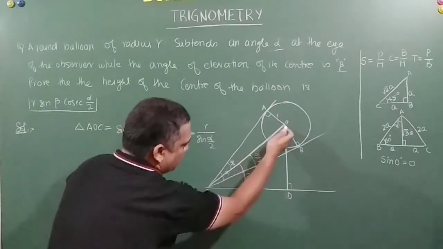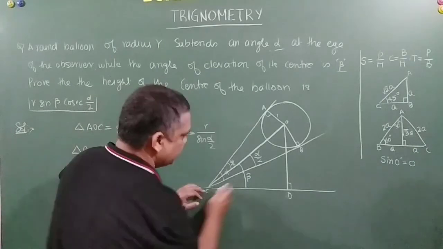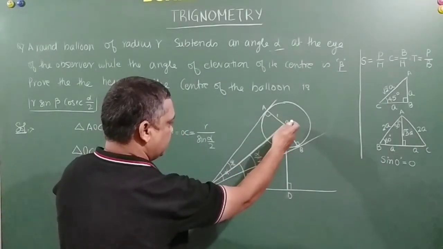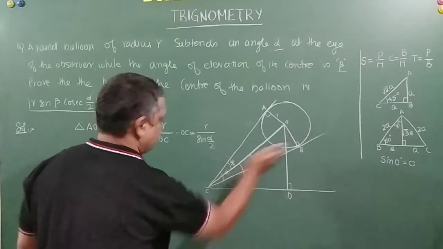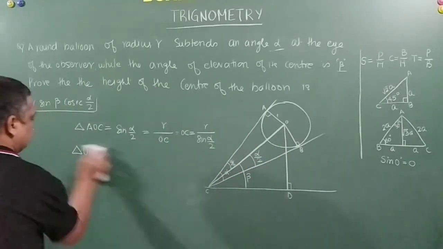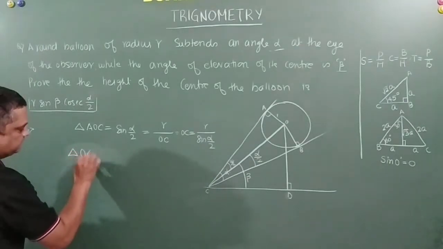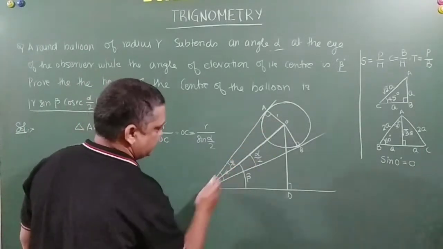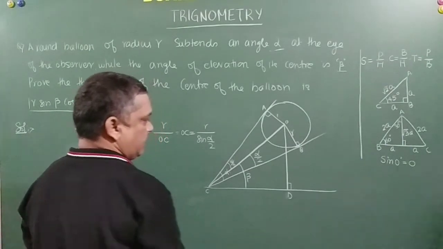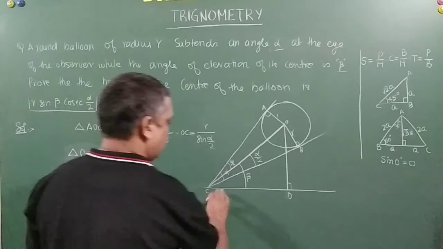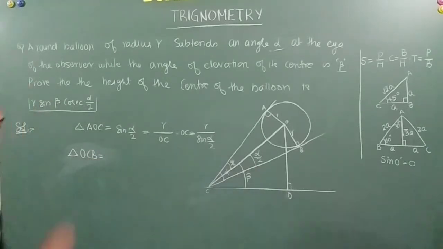Now come to triangle OCB. Now what happens is, this is again R. One second.